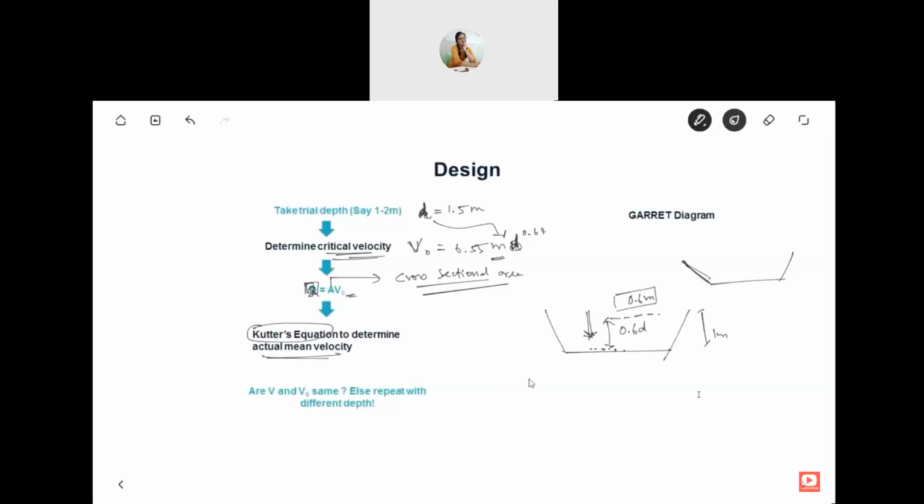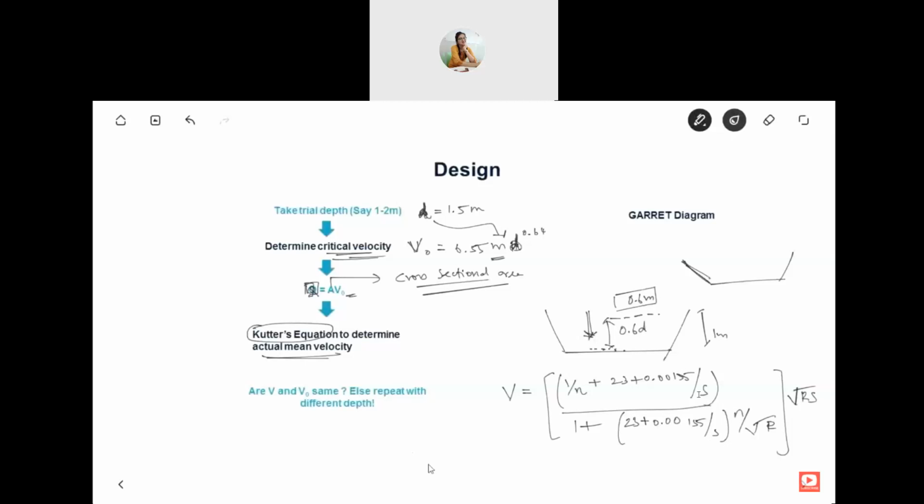Kutter's equation goes like, it's a very big formula. V is equal to 1 by n plus 23 plus divided by S n by root r, and this whole thing is multiplied by root of rs.